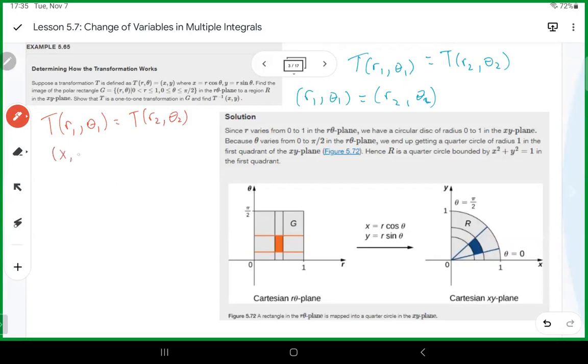I have x sub 1, y sub 1 equal to x sub 2, y sub 2, which would lead us to also have r sub 1 cosine theta 1, and you can probably figure out the pattern as I'm writing it.